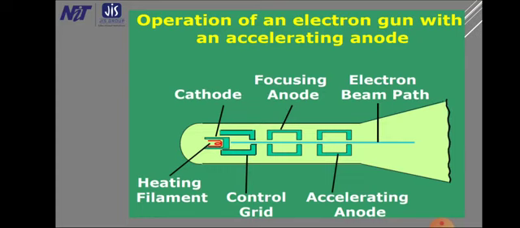So you need horizontal deflection as well as vertical deflection of this electron beam so that you can cover the entire screen. All the points or the entire phosphor coating of the screen need to be reached. This deflection of the beam is implemented by another stage, which we will see in the next slide.